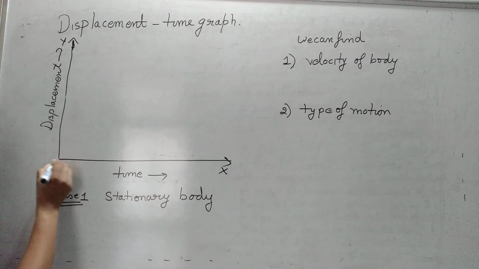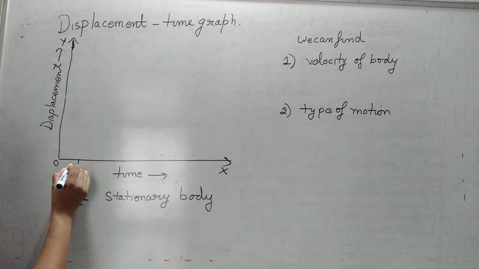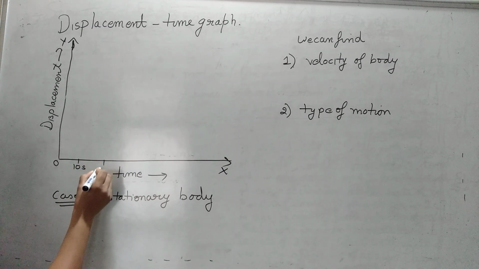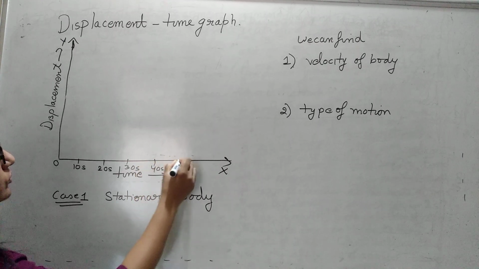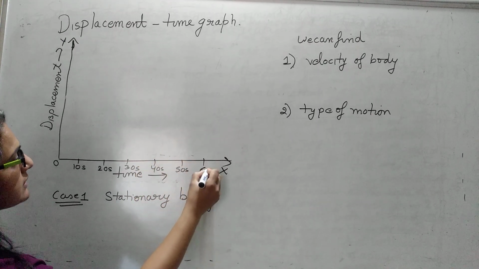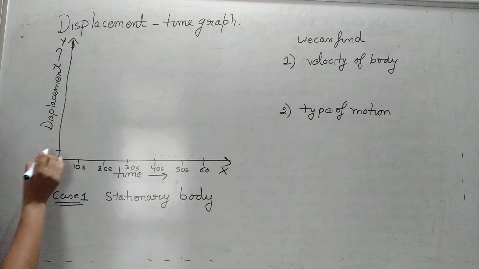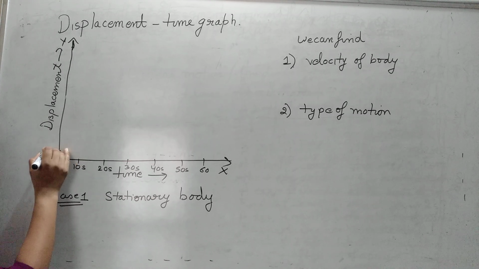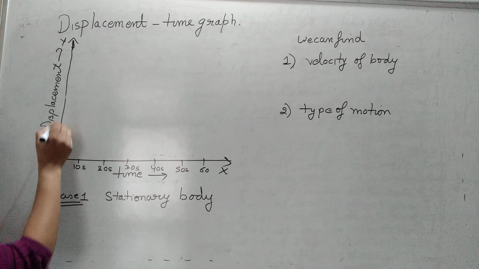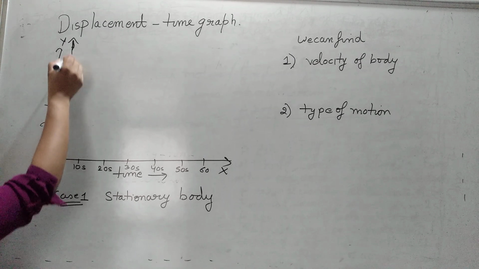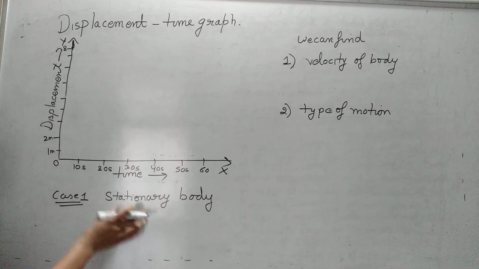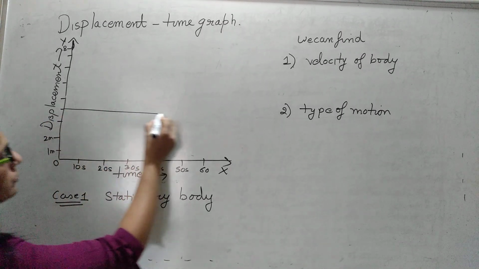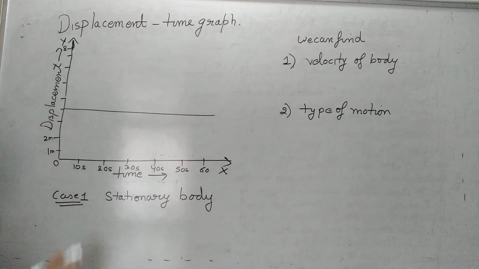Let us see, suppose the time is, let us say 10 seconds, 20 seconds, 30 seconds, 40, 50, 60 seconds, and this is the distance traveled. Let me take it as 1 meter, 2, 3, 4, 5, 6, 7 and 8 meter. Now, for the stationary body, the graph is always a straight line which is parallel to x-axis.